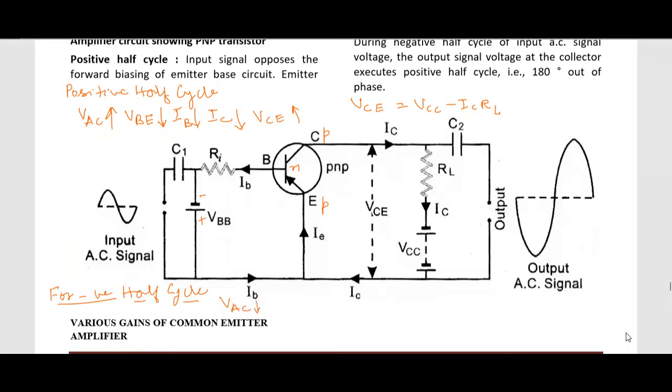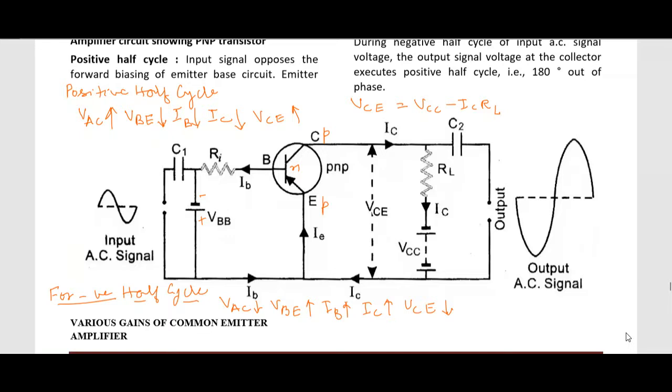It falls, and now it will increase the forward bias. That will increase the base current. That will increase IC, and that will decrease VCE. Now, decrease in negative voltage means voltage is becoming positive like this.